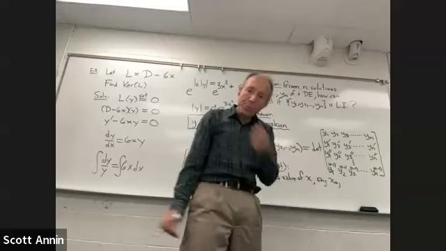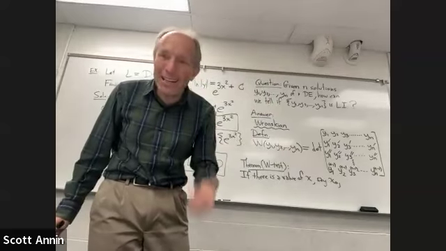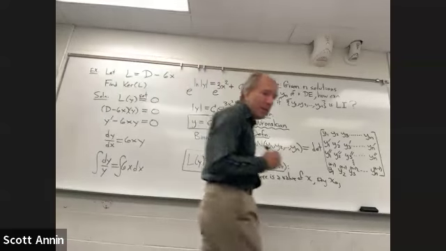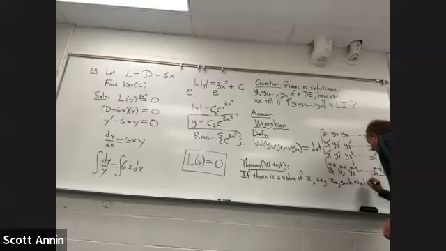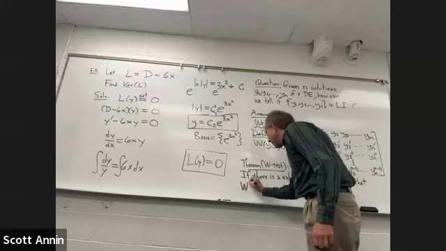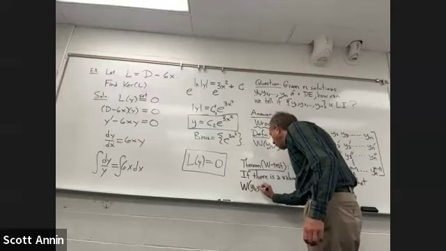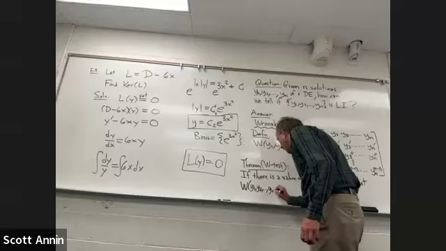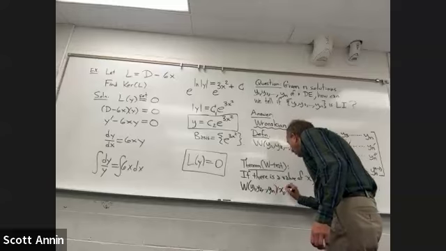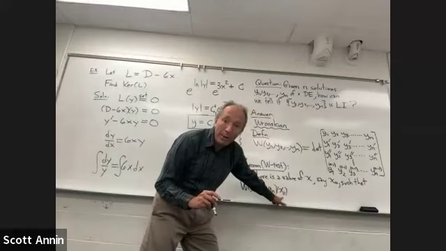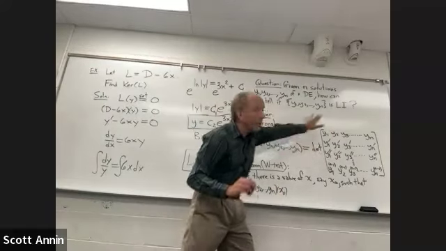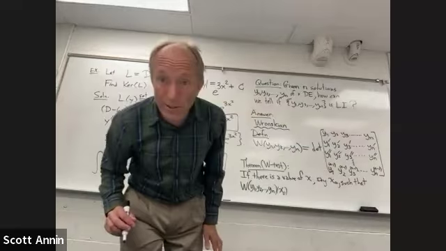But let's say there's some specific value of x, I'll call it x naught, such that when I take the Wronskian of y1, y2, and so on up to yn, and I evaluate it at x naught.